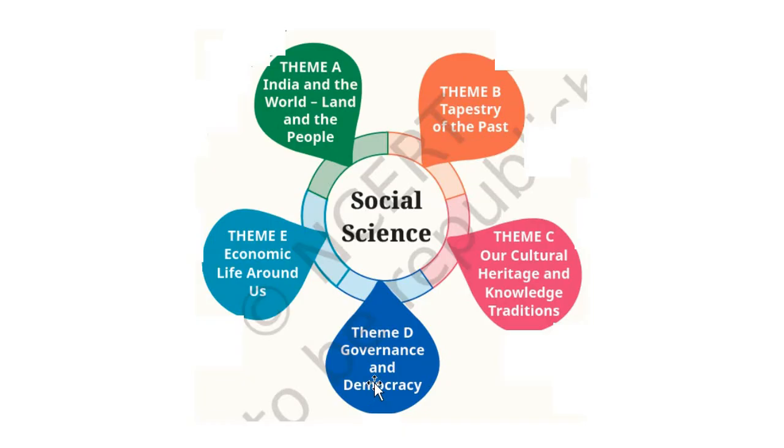Now let's go to the second part. And what's that? It's what you will be studying in this social science class 6 book. Basically, as you can see here, 5 themes have been included. So let us talk about these 5 themes one by one.